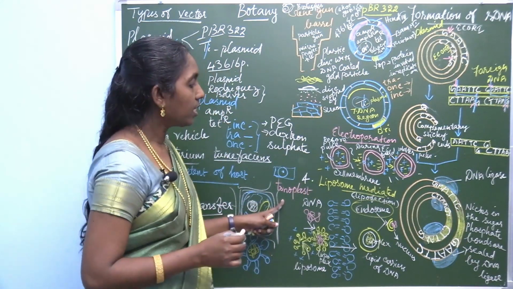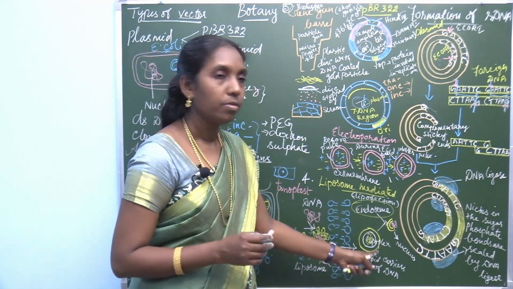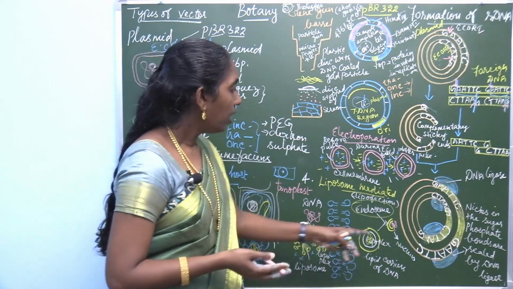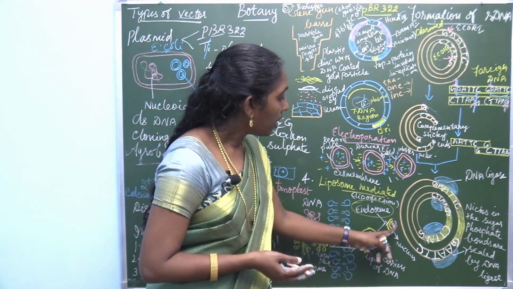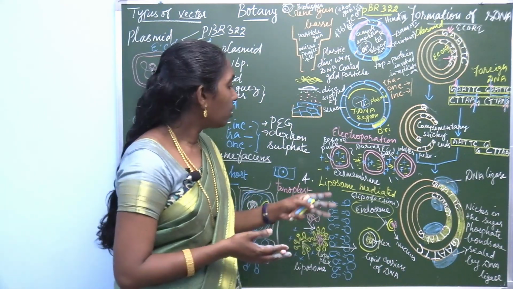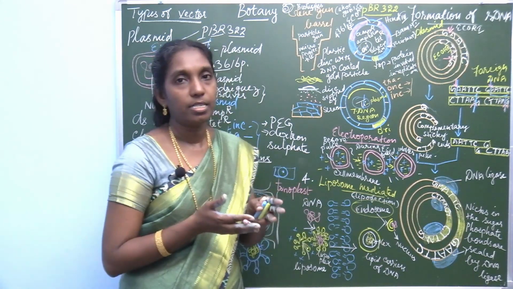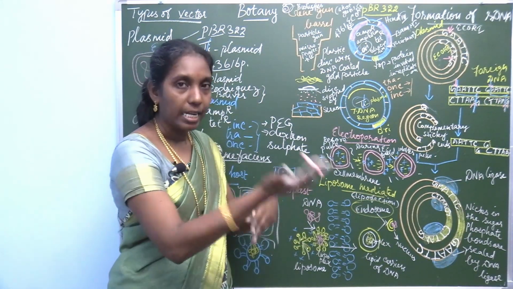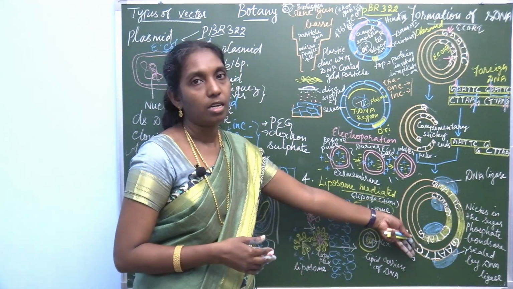This tonoplast and this liposome fuse, and it exchanges the DNA. So this DNA is transferred into the nucleus. This is the method called the liposome mediated method of gene transfer. So the gene is transferred into the target cell.